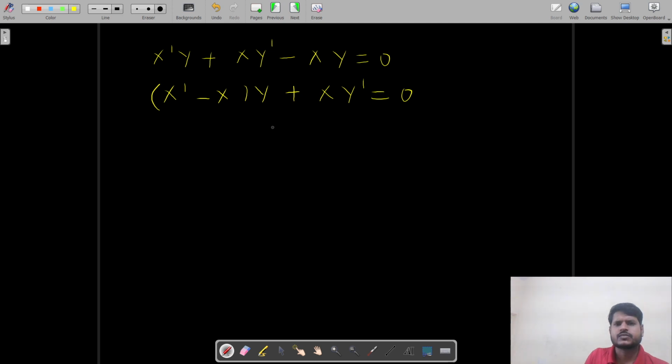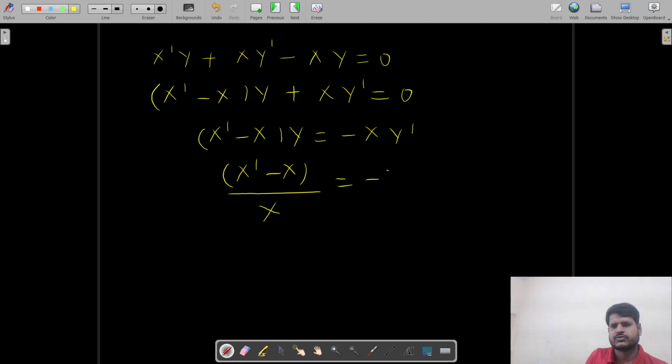We can write X dash minus X upon capital X equal to minus Y dash upon Y, and say both are equal to lambda: minus Y dash upon Y, and X dash minus X upon X.